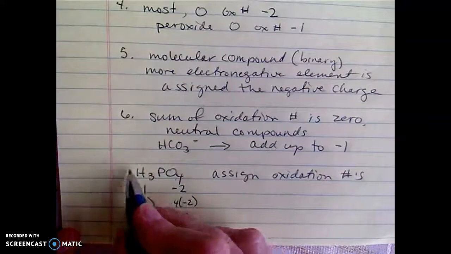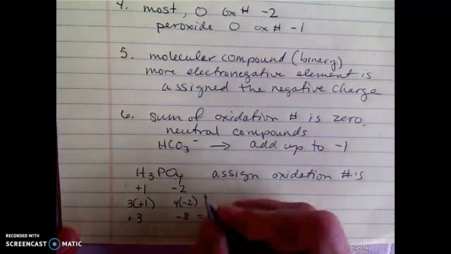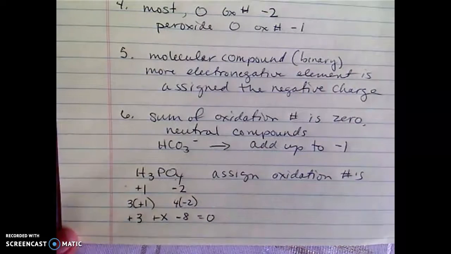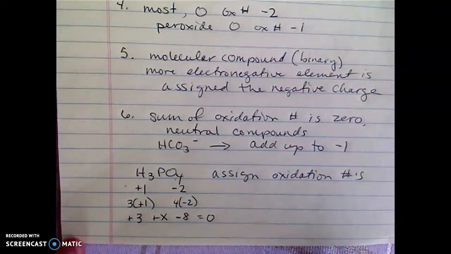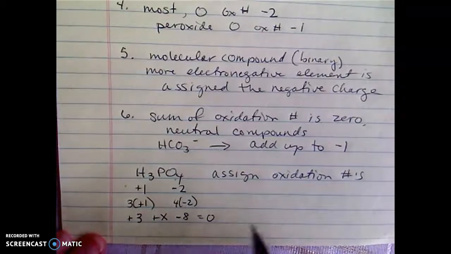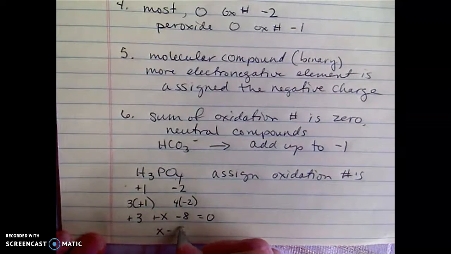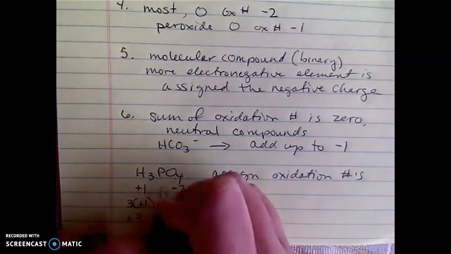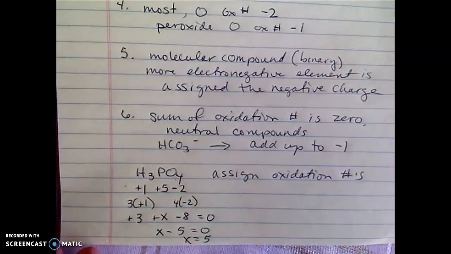Remember, this compound is neutral. And I have 1 phosphorus. So what is its charge? You're going to do a simple algebra problem to figure out what that charge is going to be. So we've got x minus 5 equals 0. Therefore, x equals 5. So the oxidation number for phosphorus is a +5.